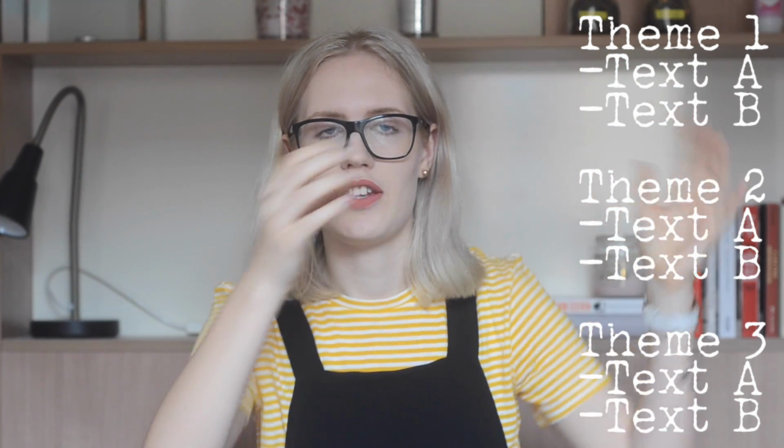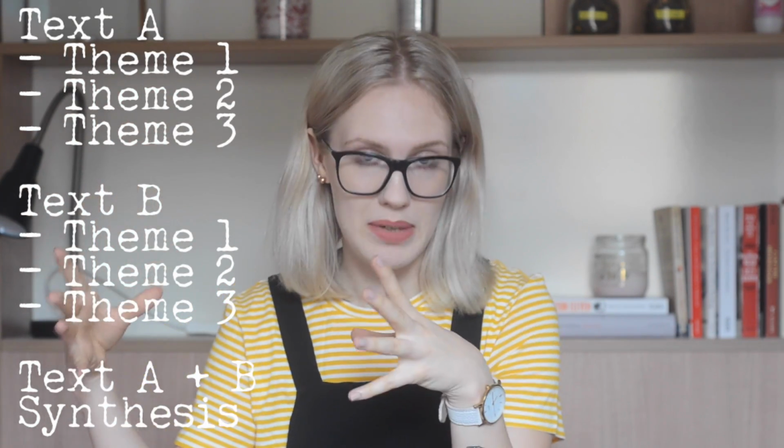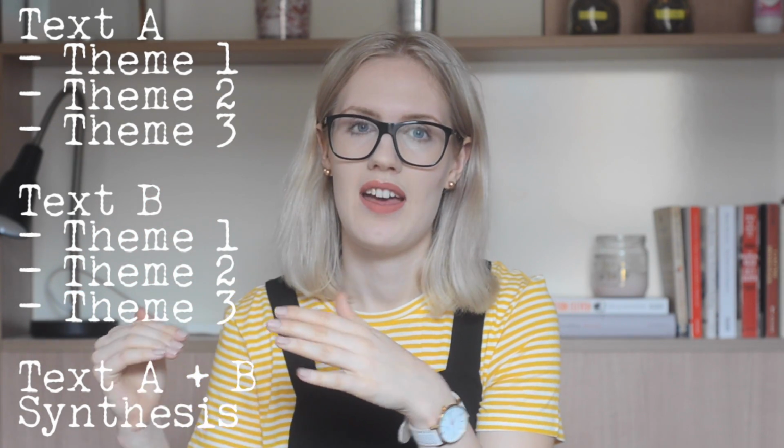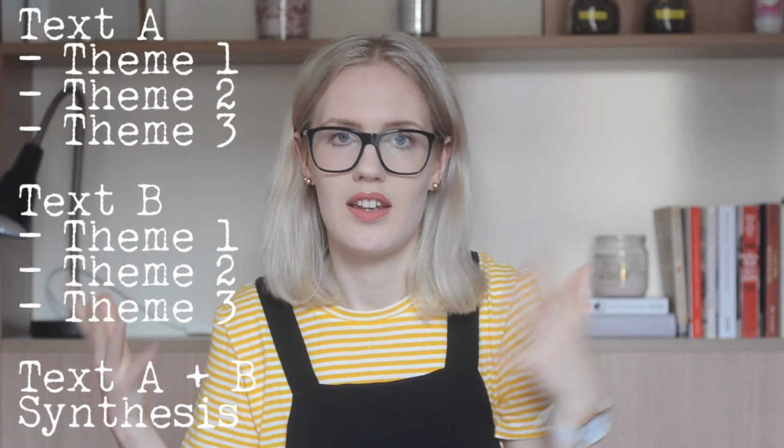So you discuss novel A and B, theme 1, then you discuss theme 2, novel A and B, and then you discuss theme 3, novel A and B. Or should you do it the other way around, which is novel A, theme 1, 2, 3, novel B, theme 1, 2, 3, and then an overarching, synthesizing, concluding paragraph.